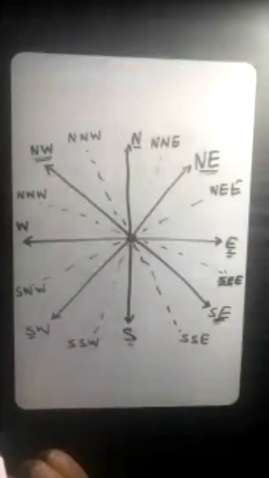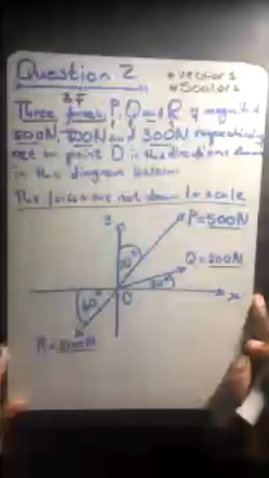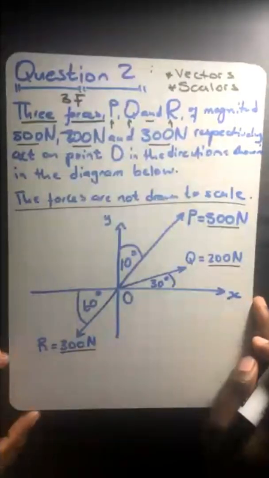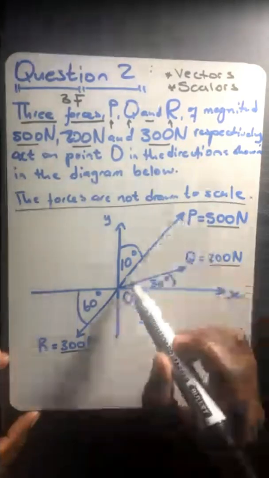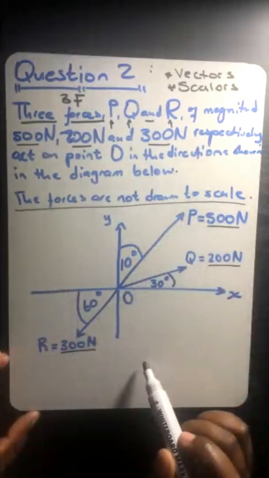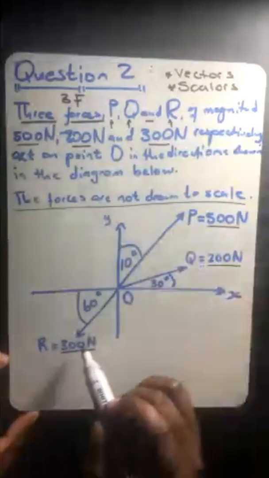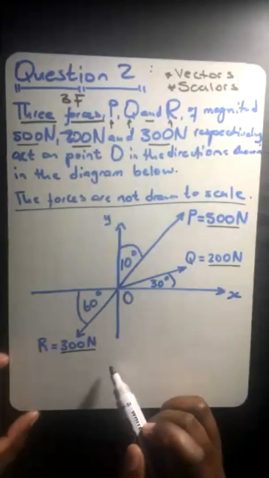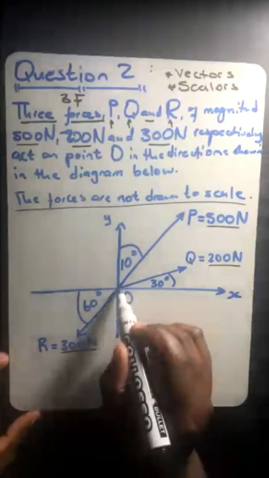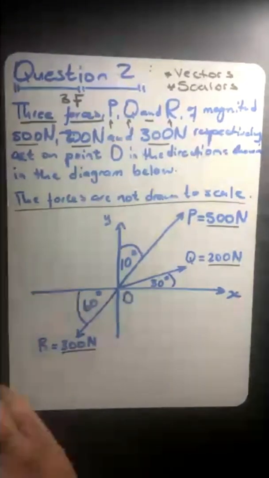Okay, then it's fine. Ladies and gentlemen, based on what I've said, let's try to estimate the directions of these forces acting. Let's see, forces respectively act on point O. So we've got 1, 2, 3 forces respectively which act on point O, which is that point over there.